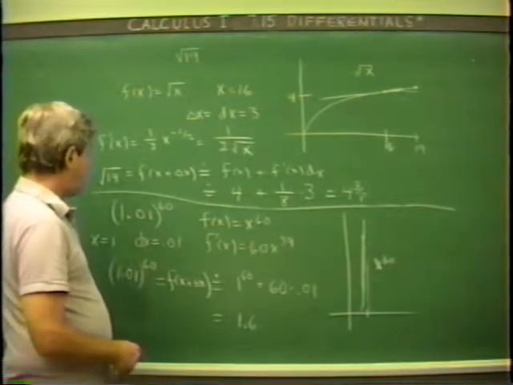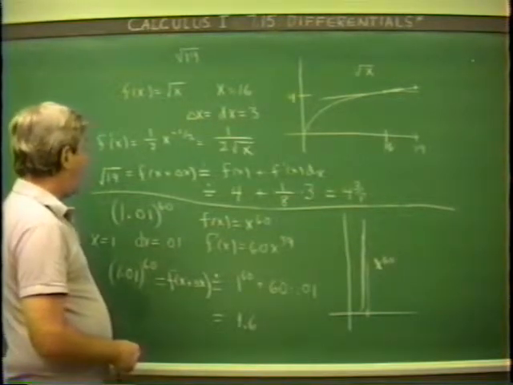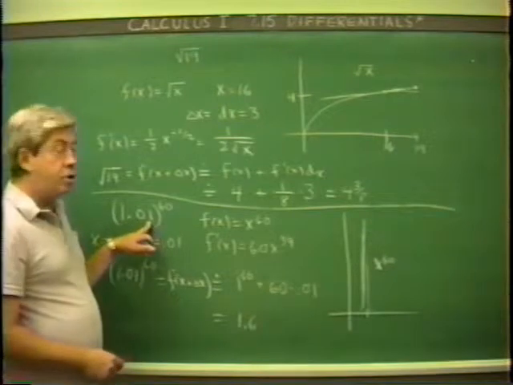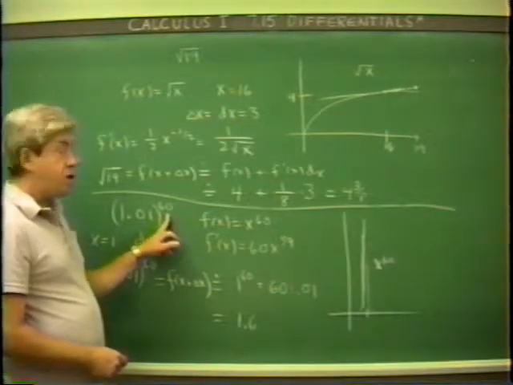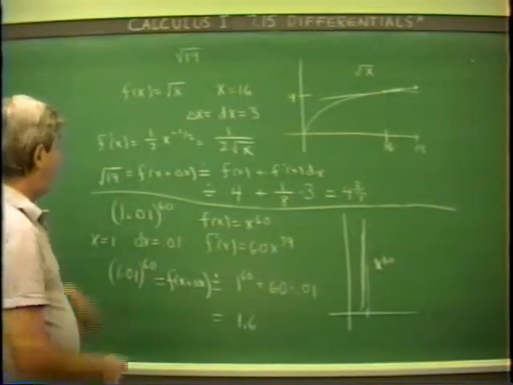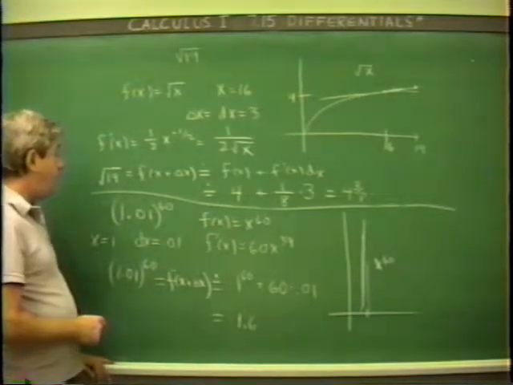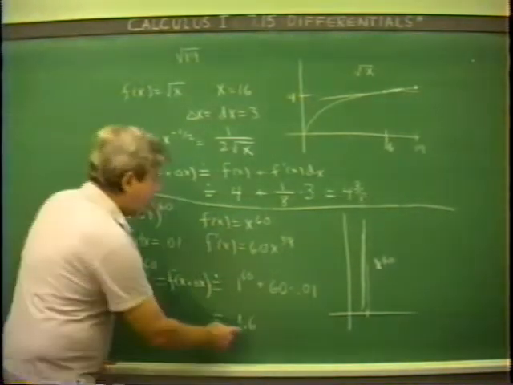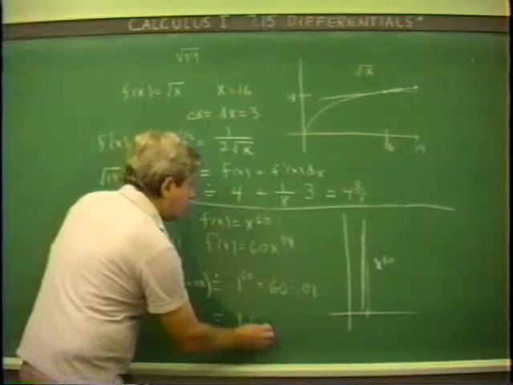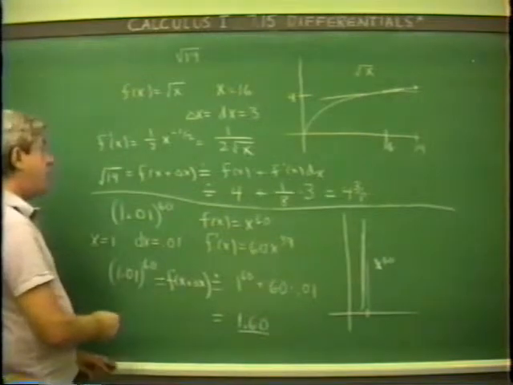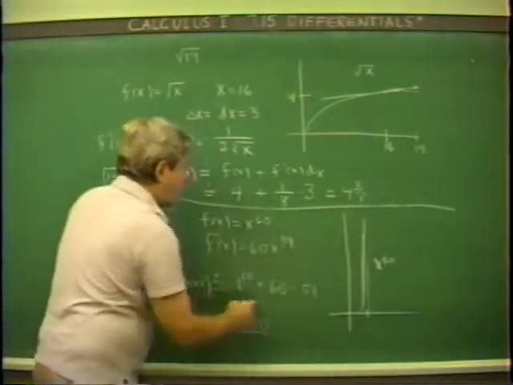You can give this particular example an interpretation. Imagine that you put $1 in an account, or invested it, at 1% interest per month for 5 years, for 60 months. Well, then 1.01 to the 60th power would be the amount that you'd have at the end of 5 years. This is going to be approximately $1.60.